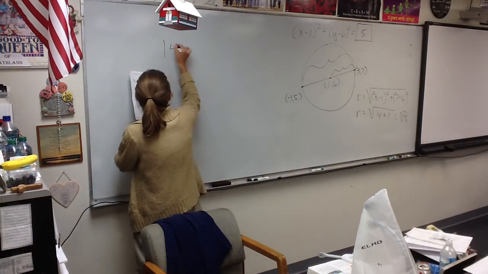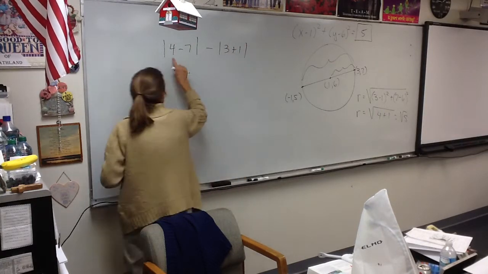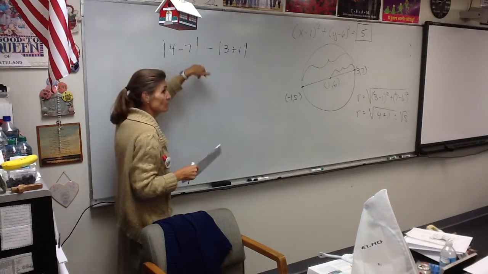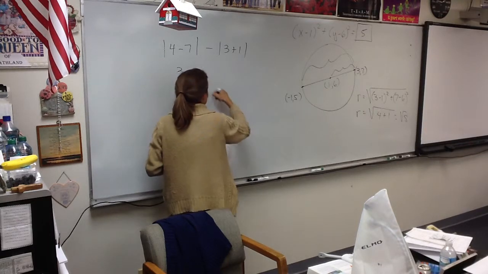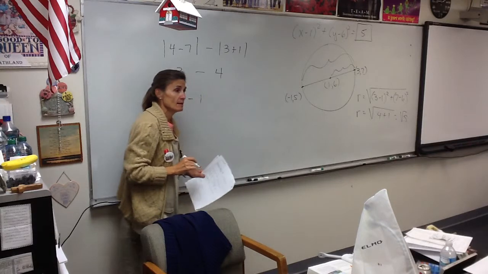Don't rush. Don't do silly things. Pay attention. Here we go. What's 4 minus 3? -3, but it's in absolute value, so it's going to be 3. Minus 4. The answer to the question is -1.